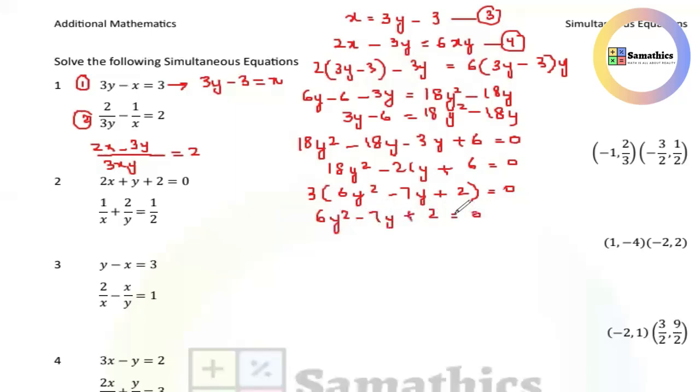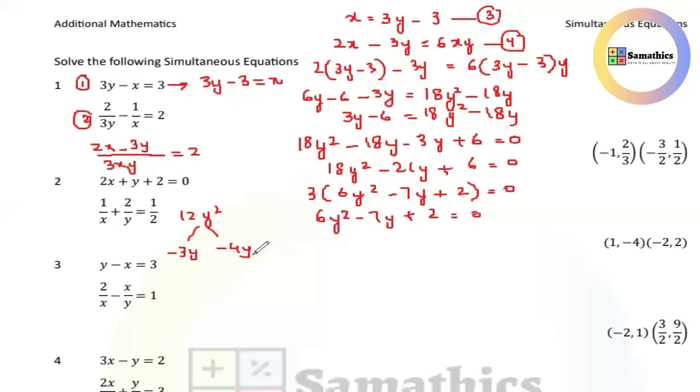Now you have to do the middle term breaking. For this, you will be multiplying 6y squared by 2. It will be 12y squared. And you have to make the factors of 12 in such a way that when you add or subtract, you get minus 7y. So we have here minus 3y and minus 4y.